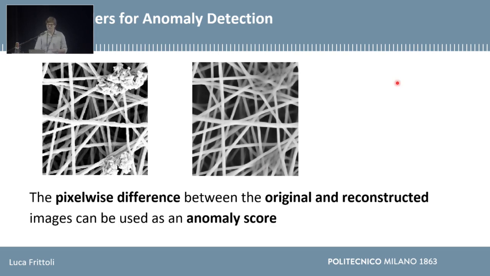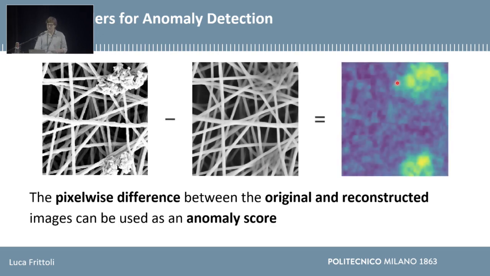During testing, the pixel-wise difference between the original and the reconstructed images can be used to produce an anomaly score, which will help us identify the anomalous regions.